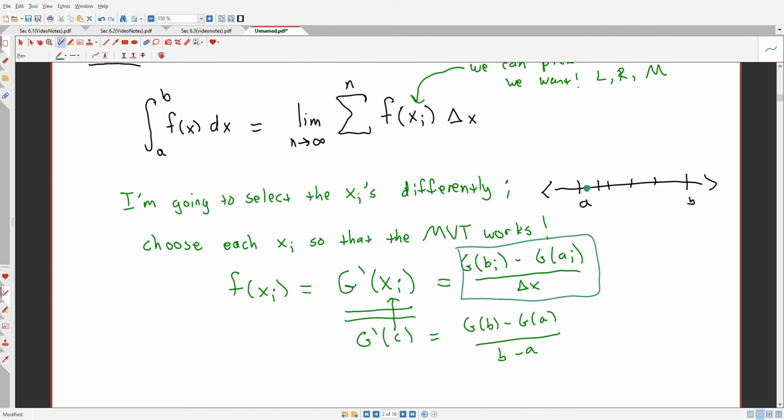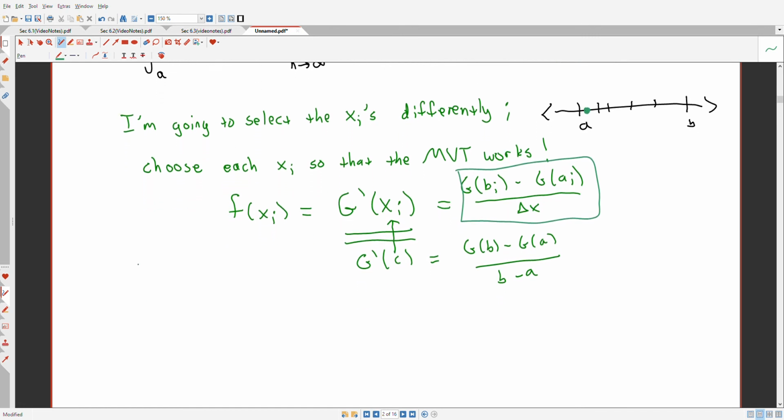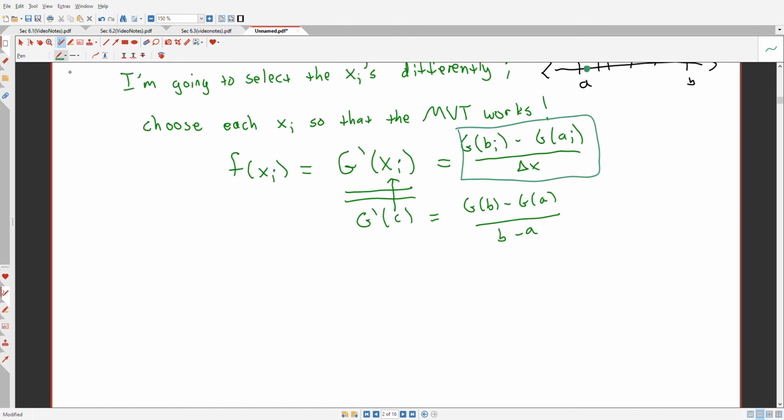And so now, look what happens when I set all that up. I have that my definite integral from a to b of f of x dx is a limit, as my number of rectangles gets really, really big, of these heights. So it was f of xi times the delta x.